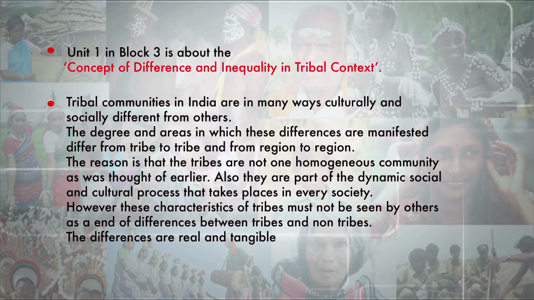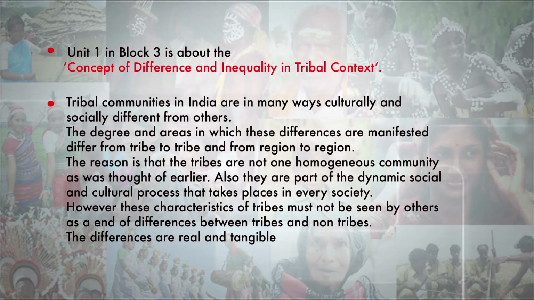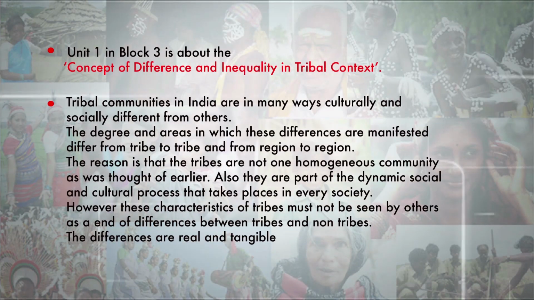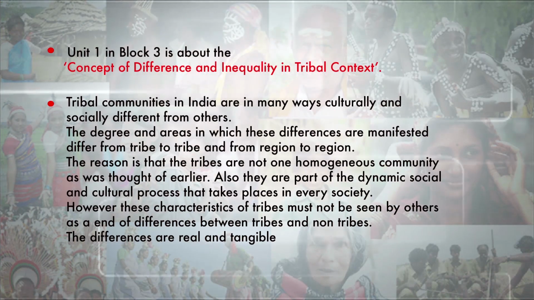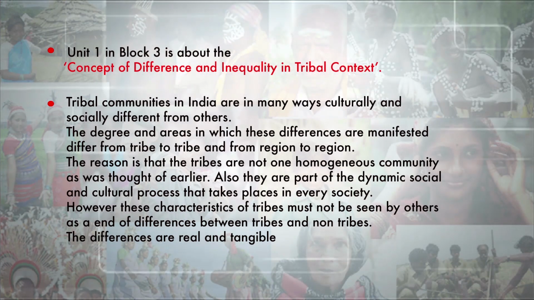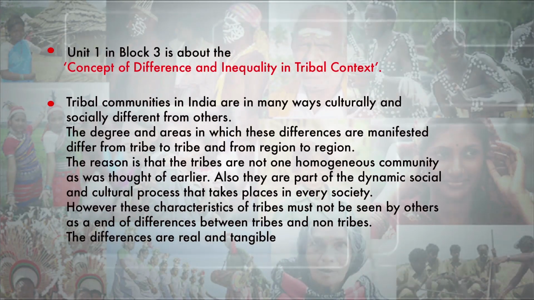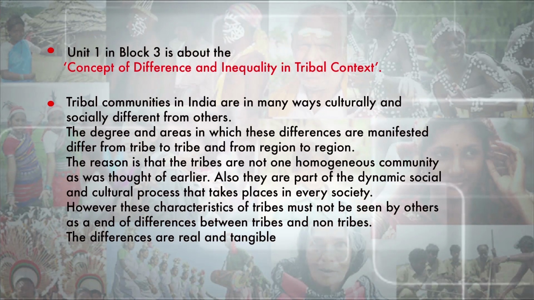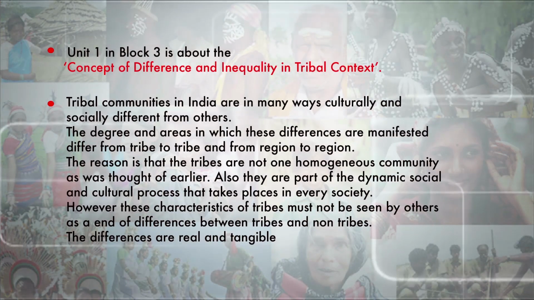The reason is that the tribes are not one homogeneous community as was thought of earlier. Also, they are part of the dynamic social and cultural process that takes place in every society. However, these characteristics of tribes must not be seen by others as an end of differences between tribes and non-tribes. The differences are real and tangible.